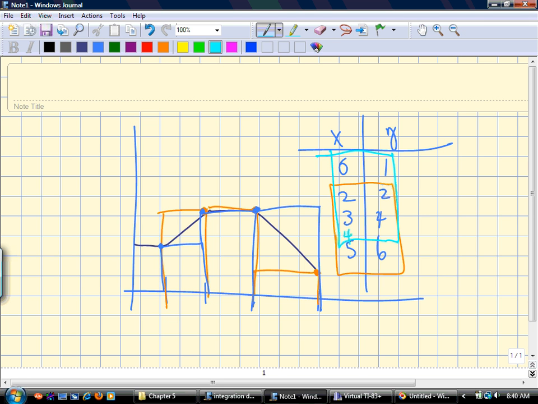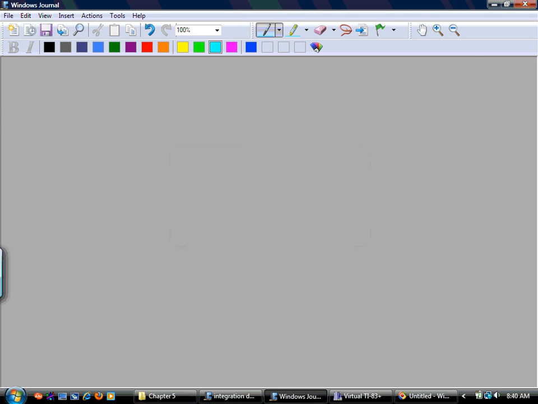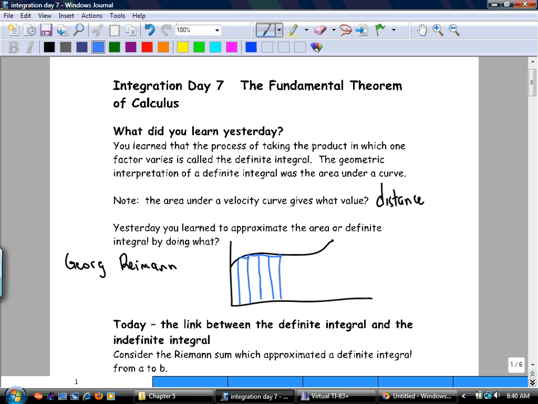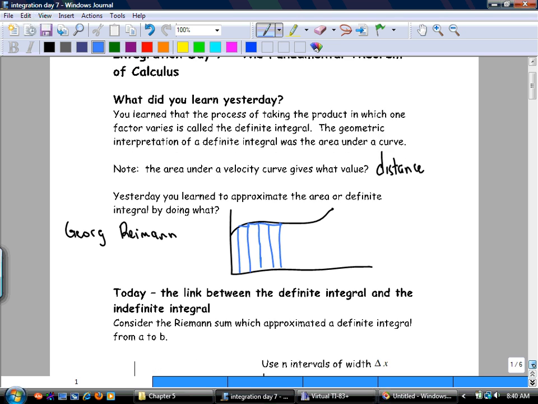It doesn't matter if it's above or below, it matters what it is. Okay, so consider the Riemann sum.